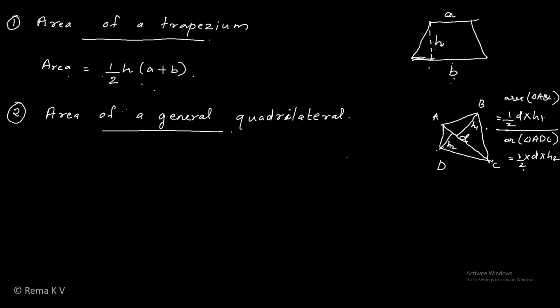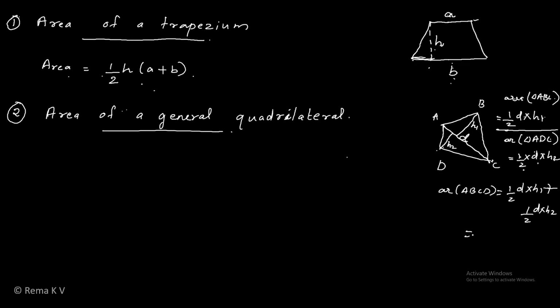How can we find the area of quadrilateral ABCD? We can add these two areas. So the area of ABCD is equal to half D into H1 plus half D into H2.